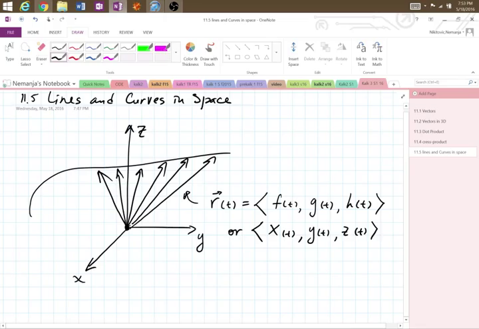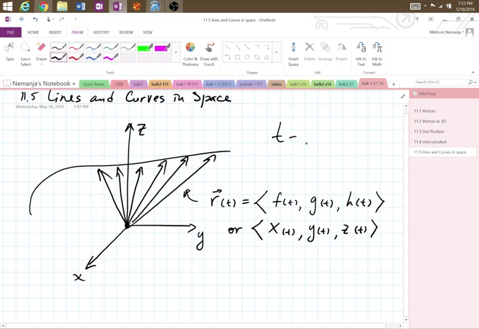Now, this t is the good old parameter from your Calculus 2 course. And I really hope that all of you guys studied parameterization at the end of your Calc 2 course, because that is essential for success in this class. So t is going to be the parameter. And you can think of this t as time, because as you can see, as time passes, you end up at different positions along this line.